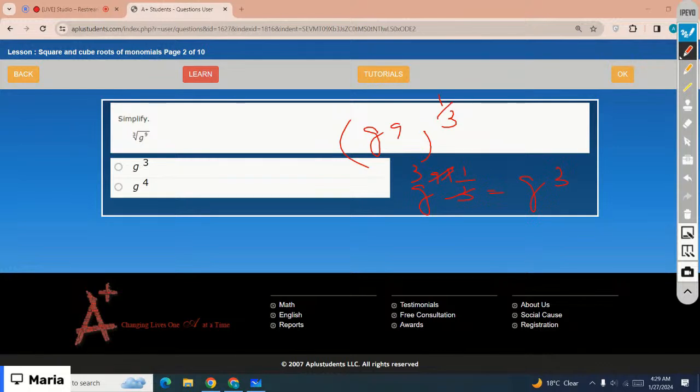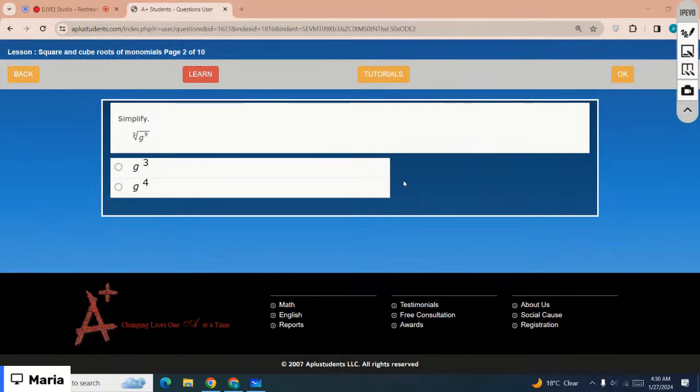Got it? The correct option is g cube, right? Option number 1 is the correct option.